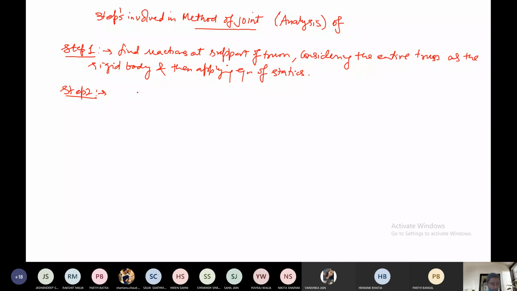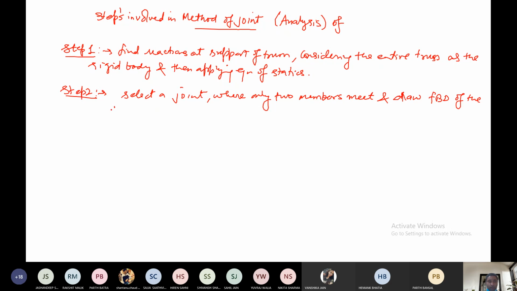Now write down step number 2. Select a joint where only two members meet and draw the FBD of the joint, assuming the forces in the members to be compressive.